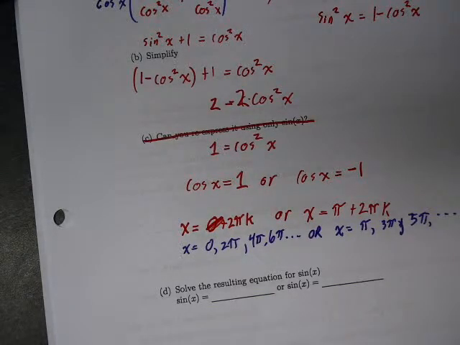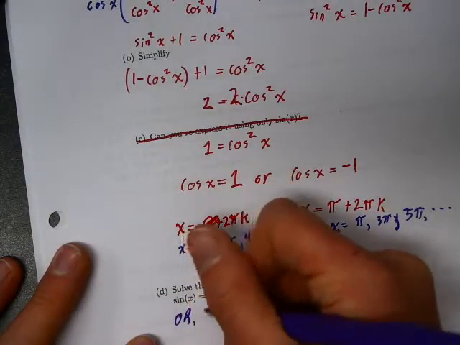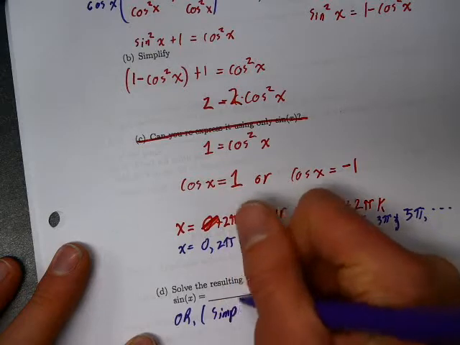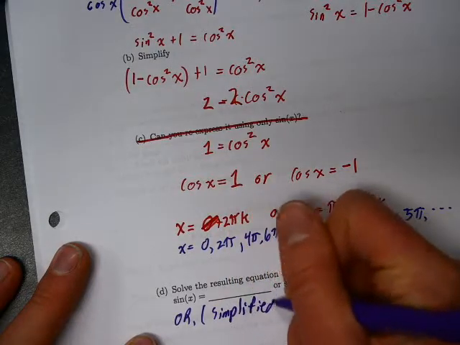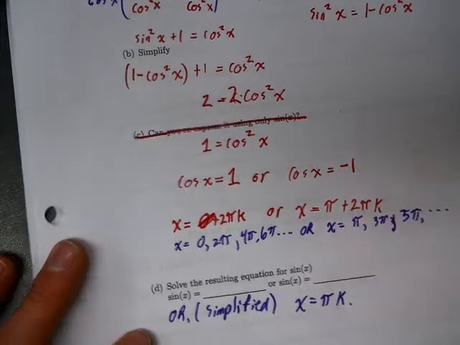Yeah. So, could you rearrange these somehow? What's another way of describing that family? Okay. It's just all the multiples of pi. Or, simplified, x is equal to any multiple of pi.